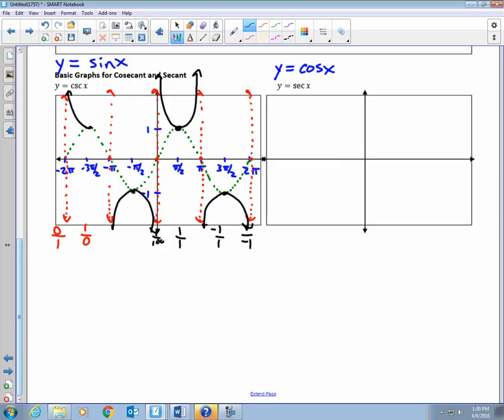All I end up doing is just drawing the asymptotes and then drawing U-shapes at the max or the minimum values of sine and cosine. So which color do I have up on the board that actually represents the real graph of cosecant? Black graph. The rest is just the skeleton that we used to draw it.